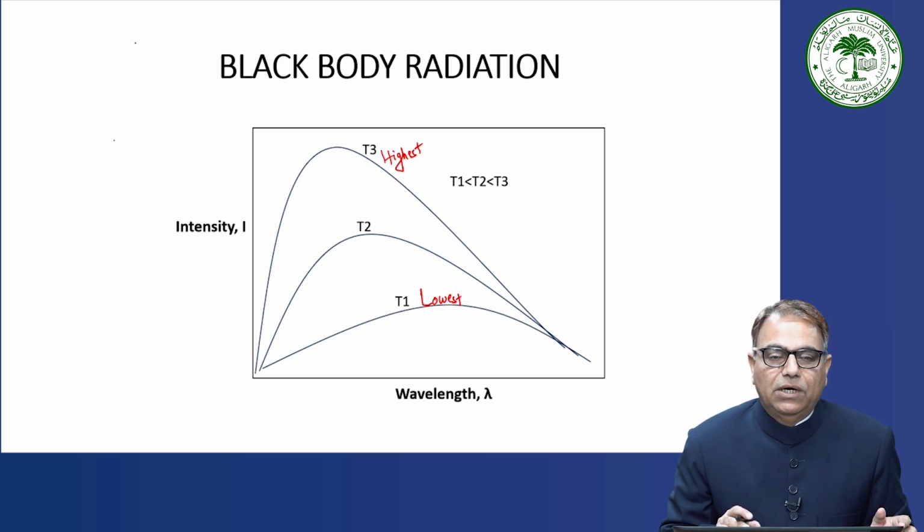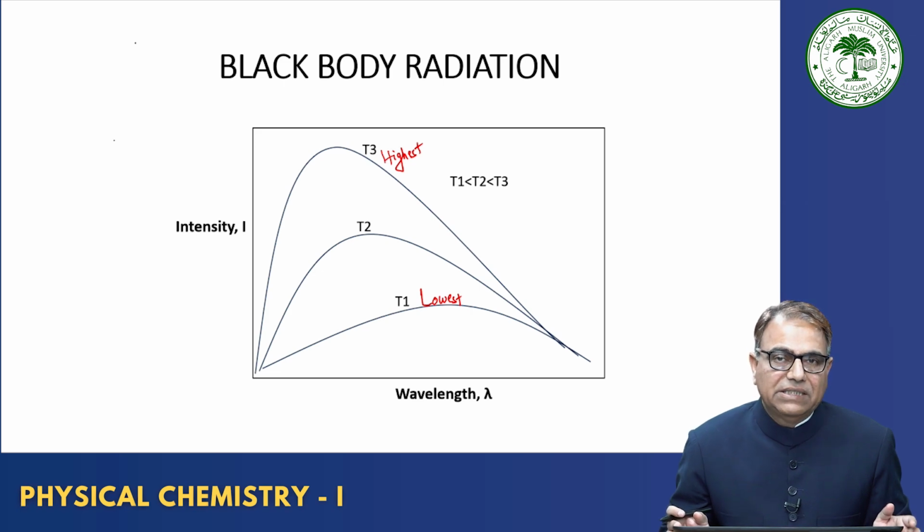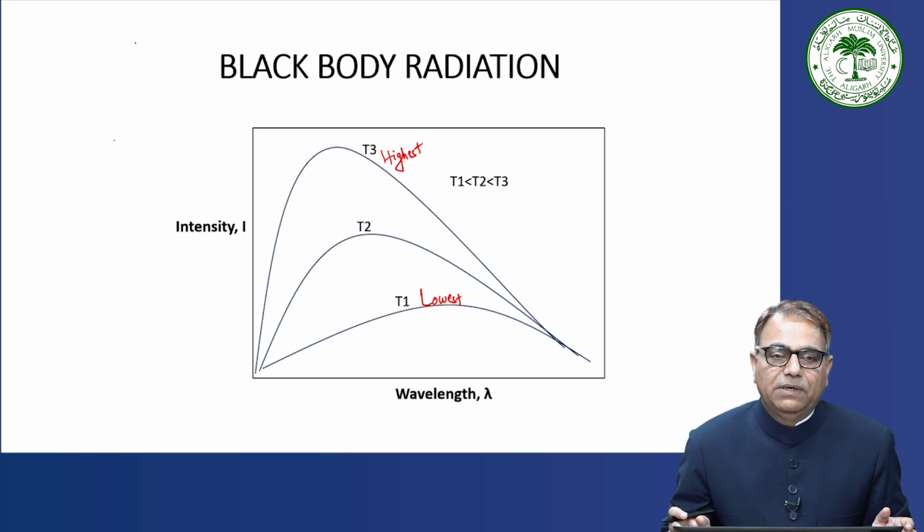An explanation for this experimental curve was not available through the principles of classical mechanics, or say classical physics. Classical physics contains thermodynamics, electromagnetism, and the law of equipartition of energy, and all these were used to try to explain blackbody radiation.